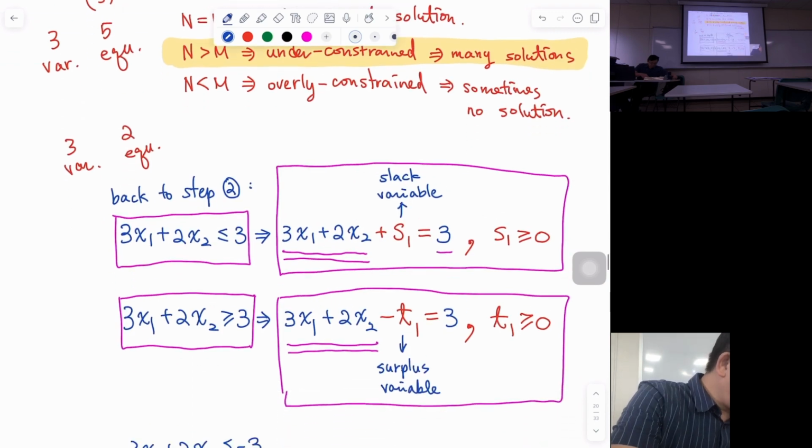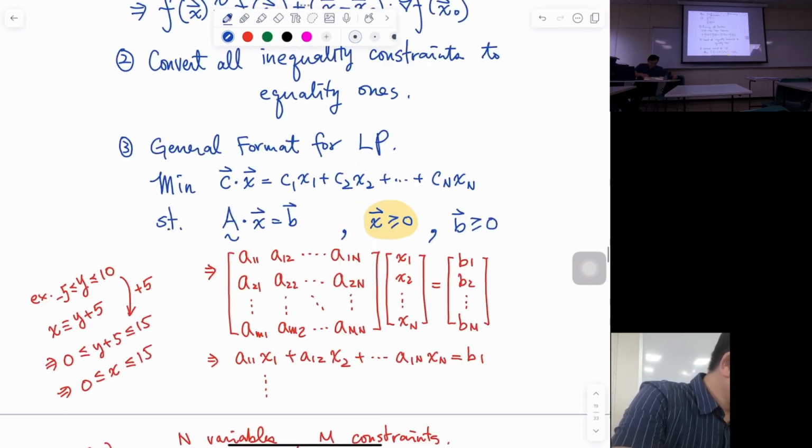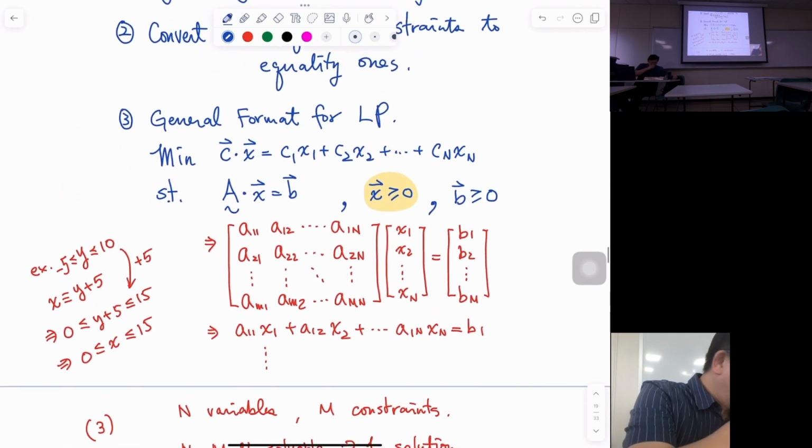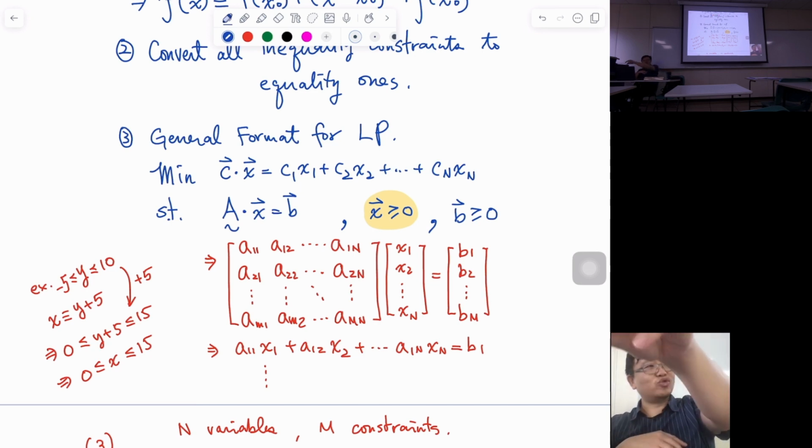So later on, to make my life easier, I will just give myself a problem that has equality constraints only. So I'm not going to do coding for inequality constraints, converting to equality ones with slack variables.